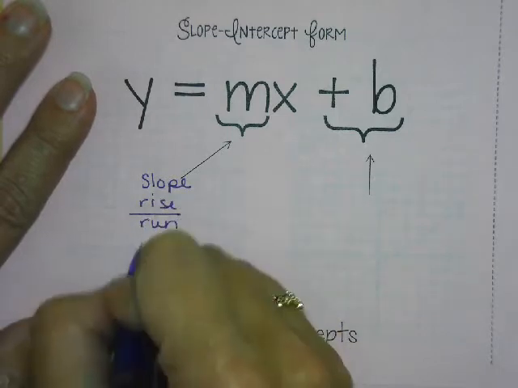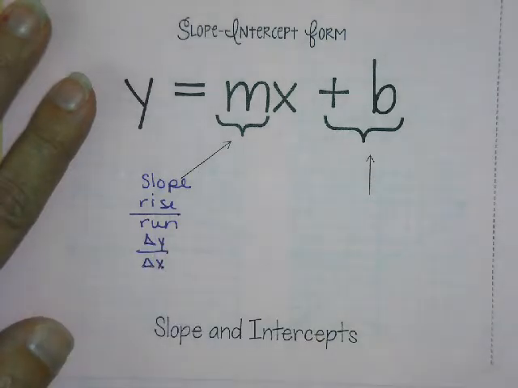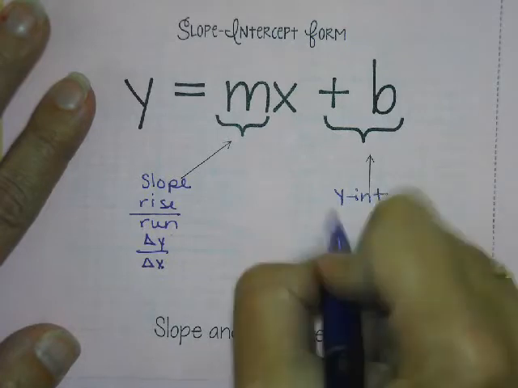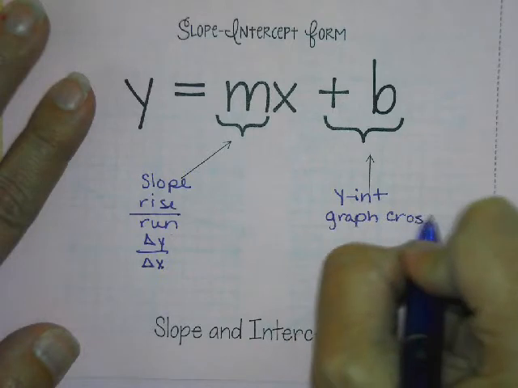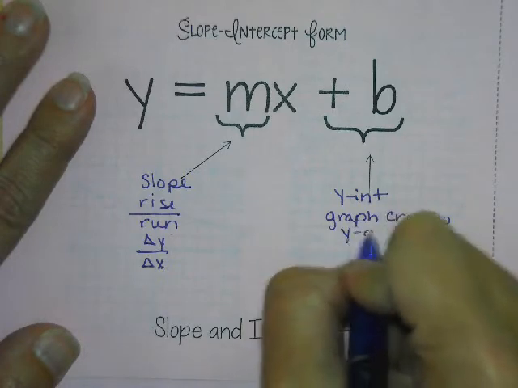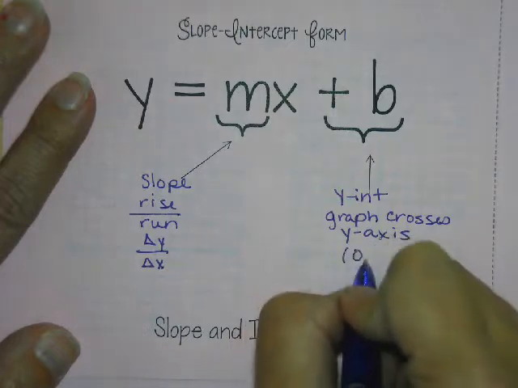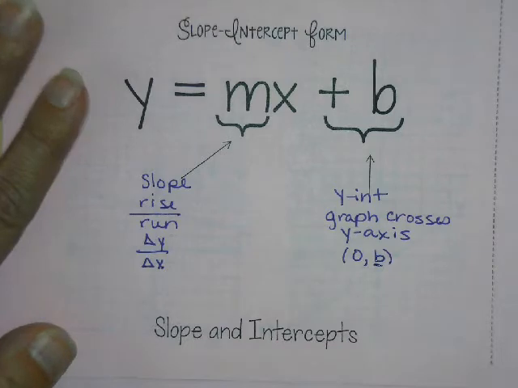This is change in y over change in x. B is our y-intercept. This is where the graph crosses the y-axis. In a table, this is going to be where x is 0, and it's whatever number you have for y. And we're going to look at that.